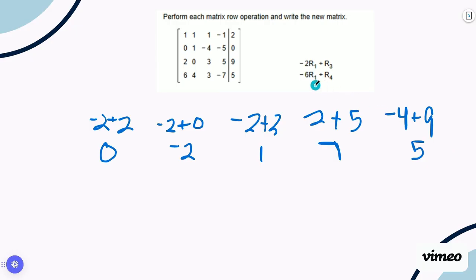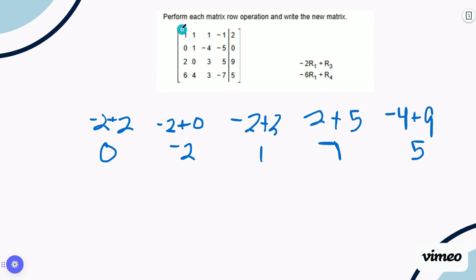Our row 4, we want to do -6 times everything in row 1. Now, here's why we are doing this. Whenever we start solving a system of equations with matrices, what we want to end up with is first a 1 as our first element, and then zeros all underneath it. And then we're going to want to have 1s in the diagonal.